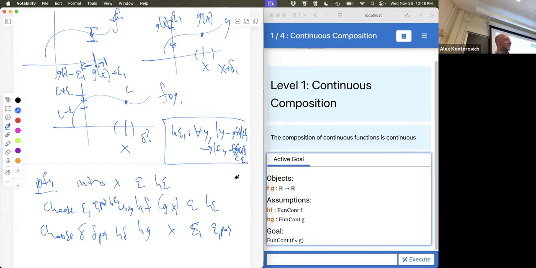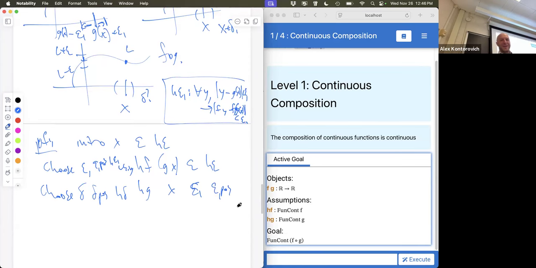Perfect. Which y will we apply this to? Well, we'll come back to that. We'll come back to that if it's not obvious yet.